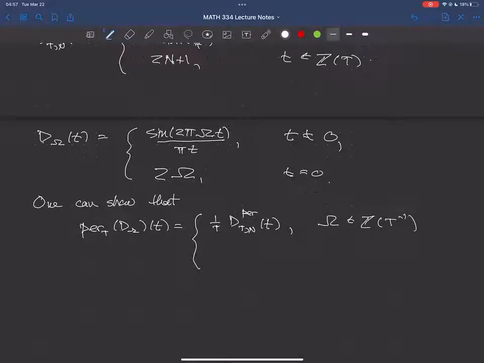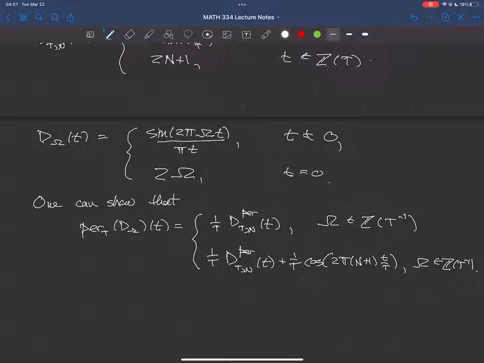Okay, and then you get something slightly different when the frequency omega is an integer multiple of 1 over T, right?